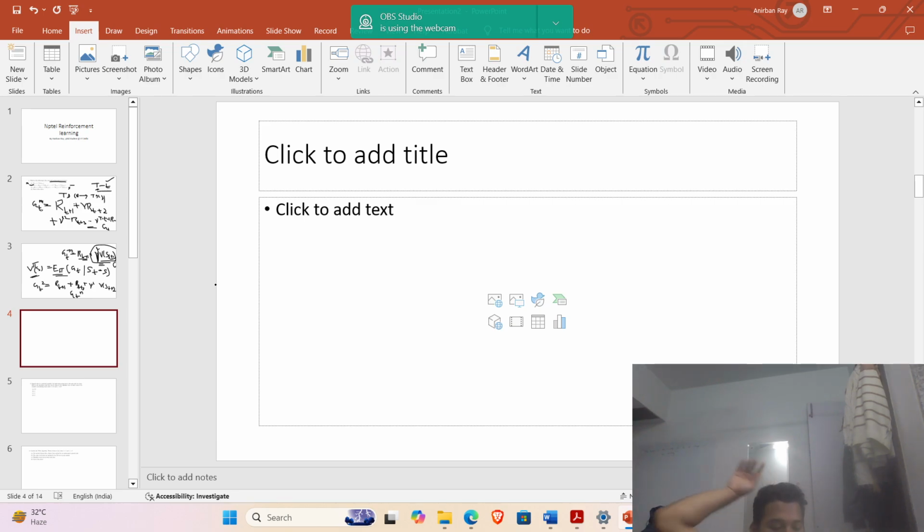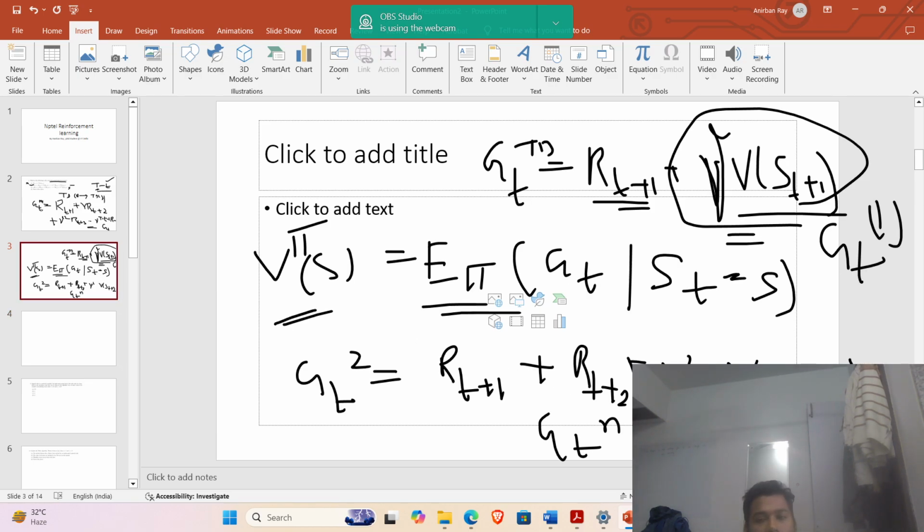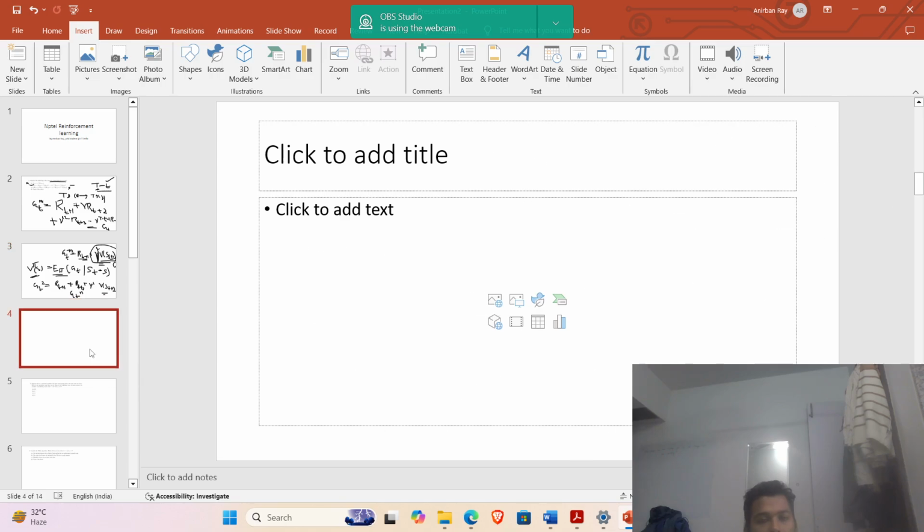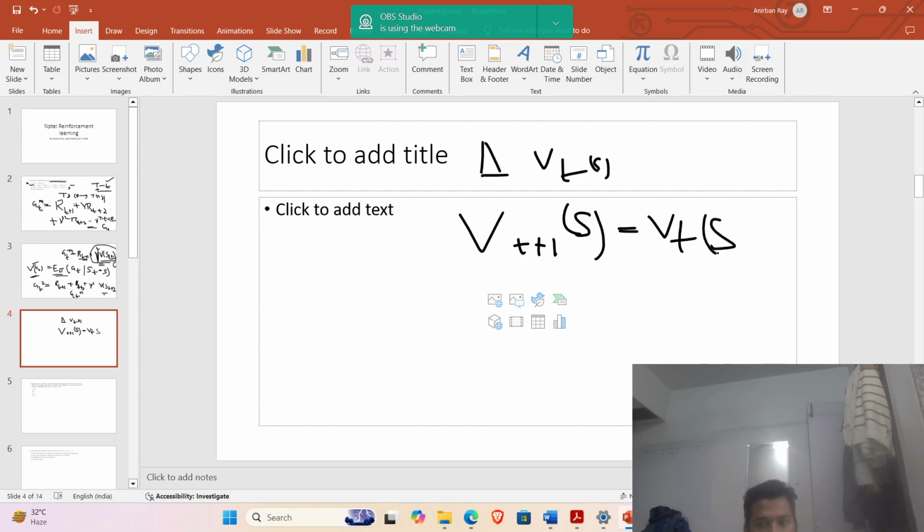So moving on. When we want to update this value function, the delta vts is what we are going to add to vts. To calculate vt plus 1 s, we have to do vts plus delta vts.